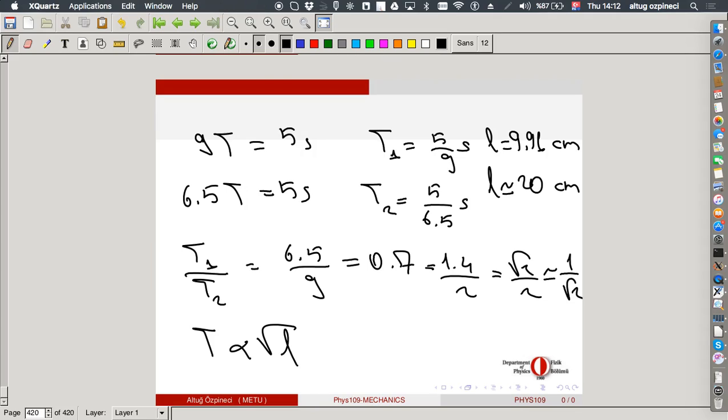What is G? So remember, we know that T is equal to 2 pi square root of L over square root of G. Or G is equal to 4 pi squared L over T squared. We know the numbers.